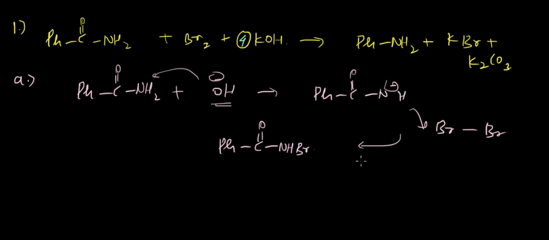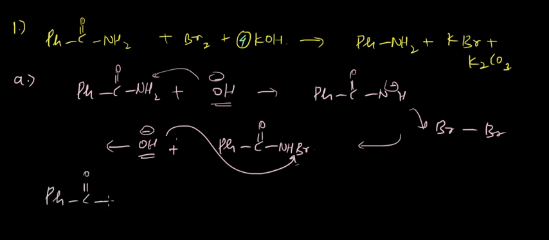In the next step, OH minus will again be attacking on the hydrogen atom on the nitrogen atom, and we will be getting N minus Br.